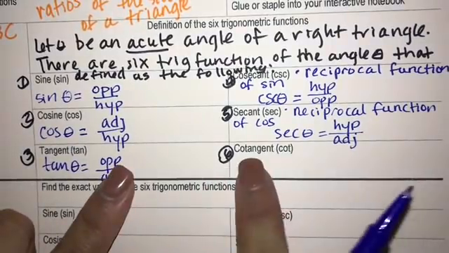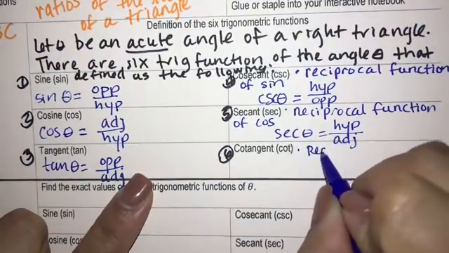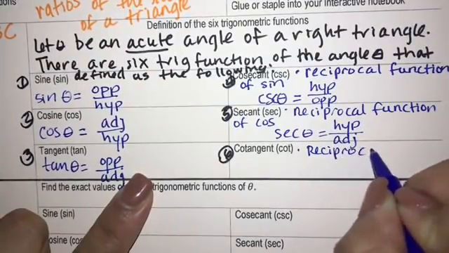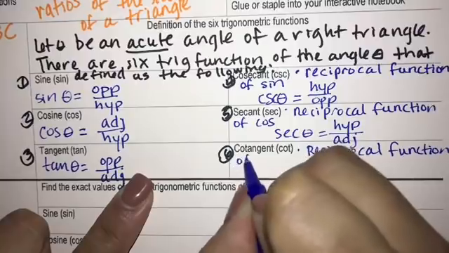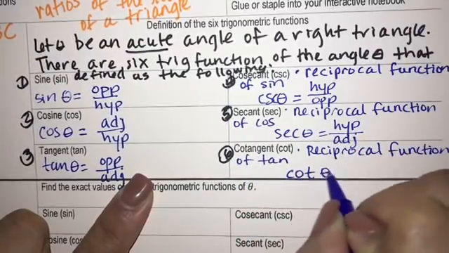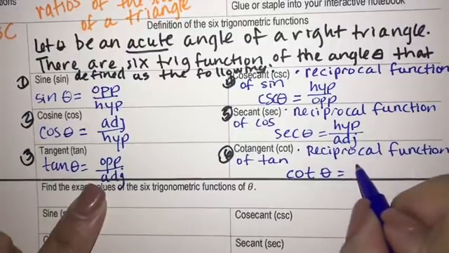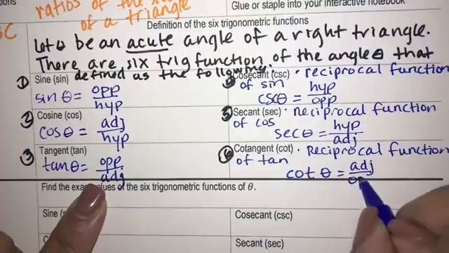And then finally we have cotangent, which is the reciprocal function of tangent. So cotangent of theta would be adjacent over opposite.